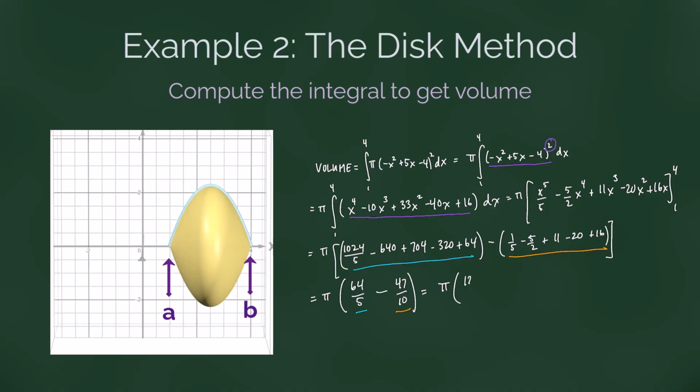And that simplifies down to pi times 128/10 minus 47/10, which gives us a final volume of 81 pi over 10 cubic units. If you want a decimal approximation for that, that's about 25.45 cubic units.